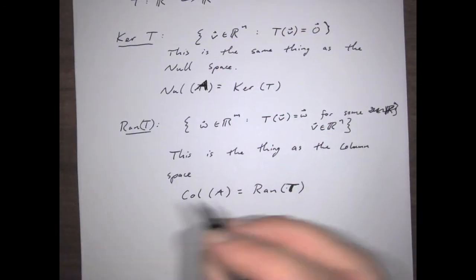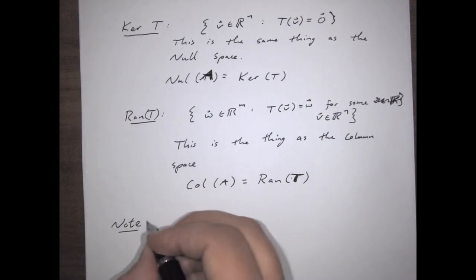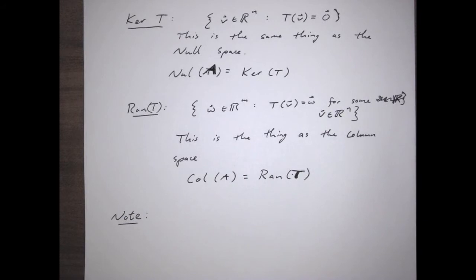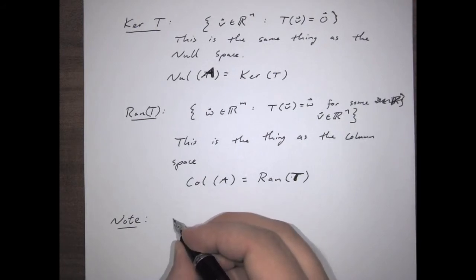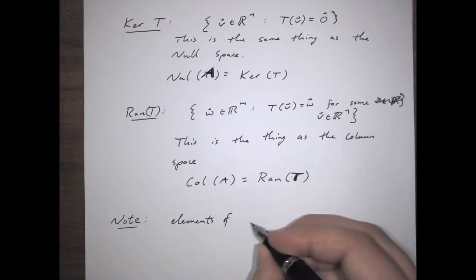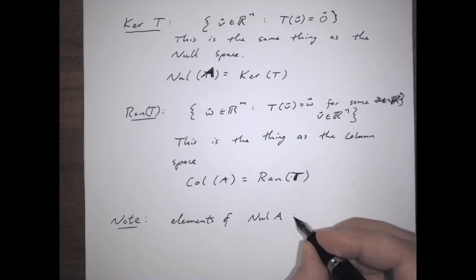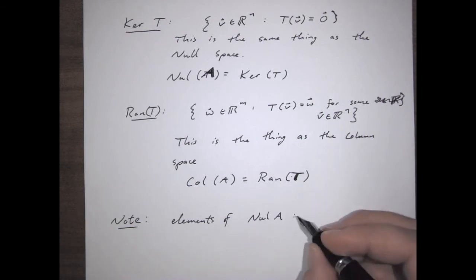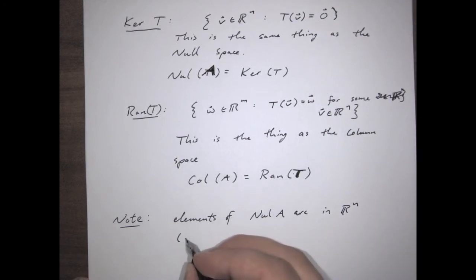All right. Now note, an important note here. The column space and the null space come from different vector spaces. They are different sizes. So elements of the null space are elements of Rn, so that means they have n entries.